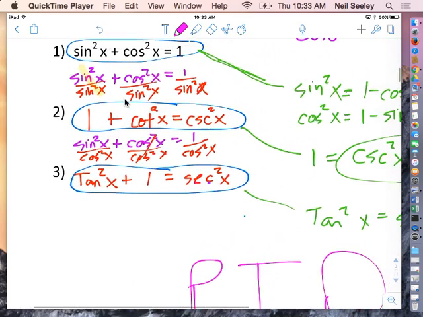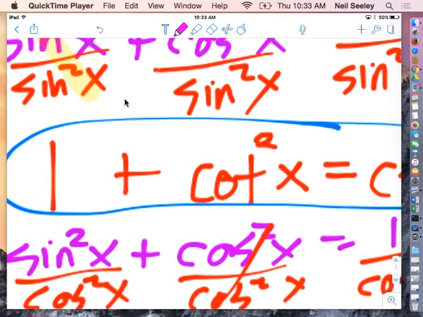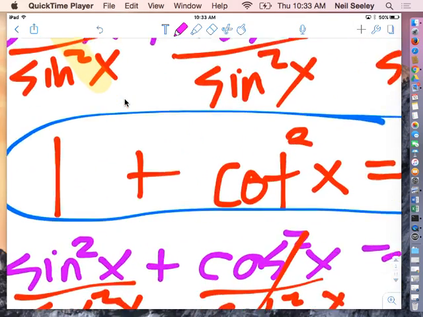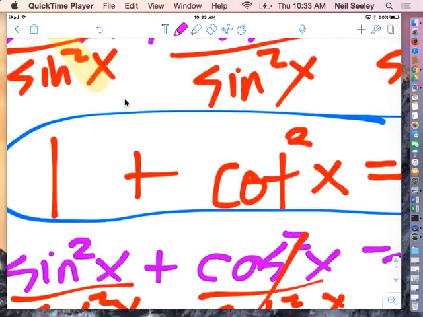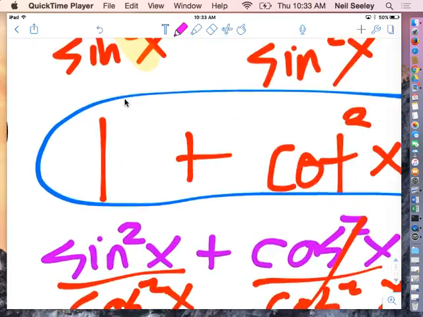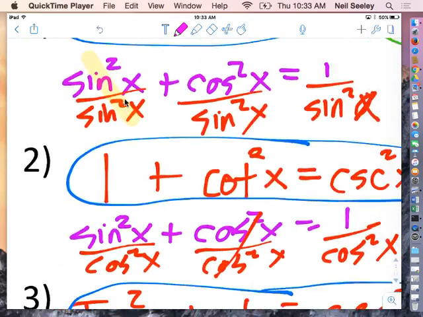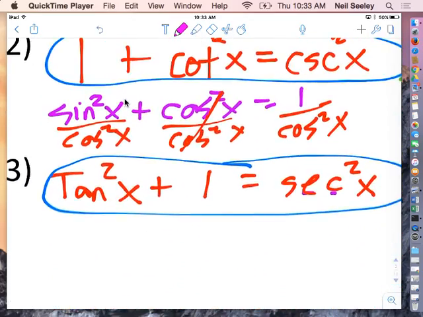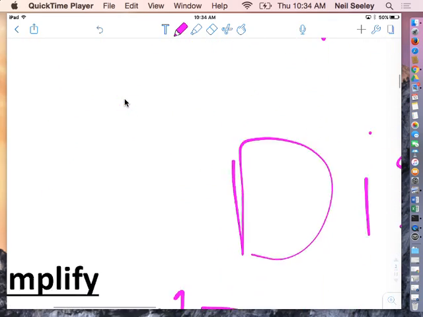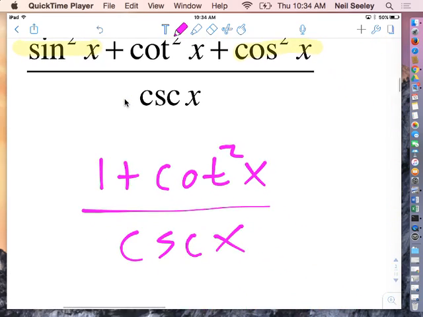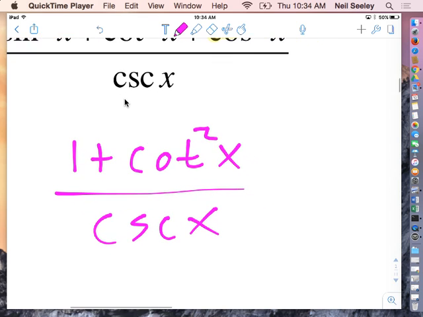I'm not saying there always is, but sometimes. I see one, yes. Can you see it? That one. What's it equal to? Cosecant squared of x. And so, down below, we're going to rewrite that 1 plus cotangent squared.